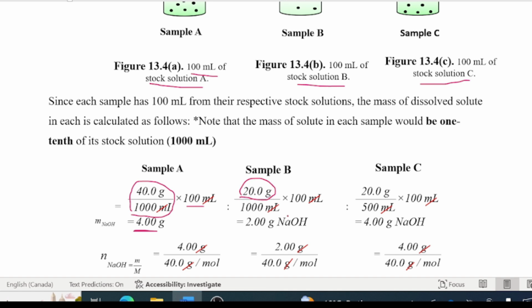And 1/10 of it, which is this ratio here, okay? And that gives you 2 grams. Here now, you're going to take 20 grams, but you have 500 milliliters. You see that? 1/5. So you put 100 over that. This is your ratio of 100 over 500, and you end up with that mass of sodium hydroxide.